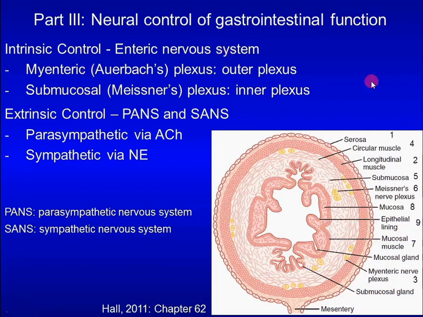One is enteric plexus, which is shown here. Enteric plexus lies between longitudinal smooth muscle and circular smooth muscle. The other one is submucosal plexus. It lies in the submucosa. Extrinsic control is mediated by parasympathetic and sympathetic nerve fibers.